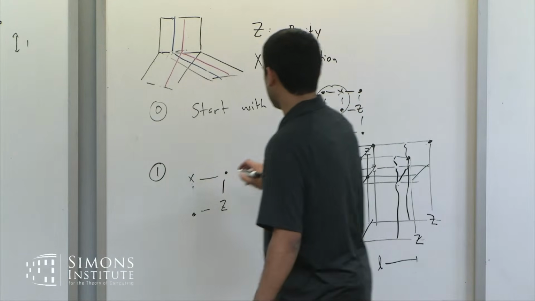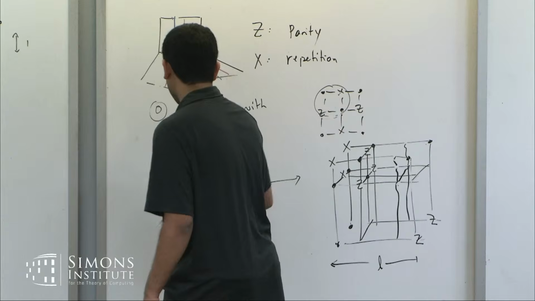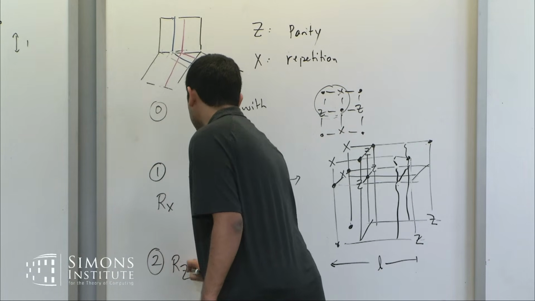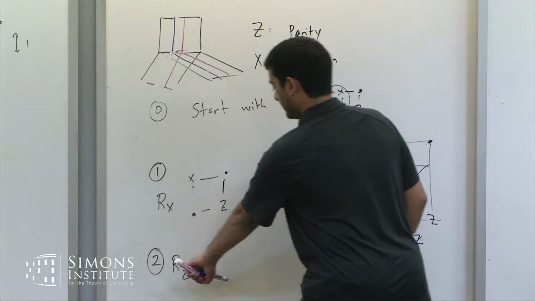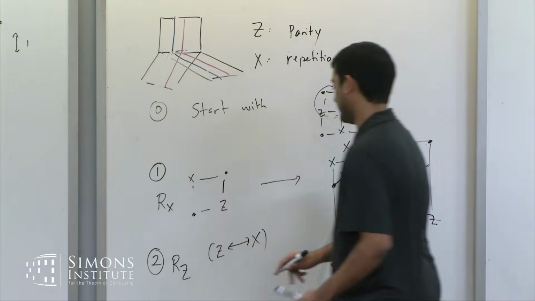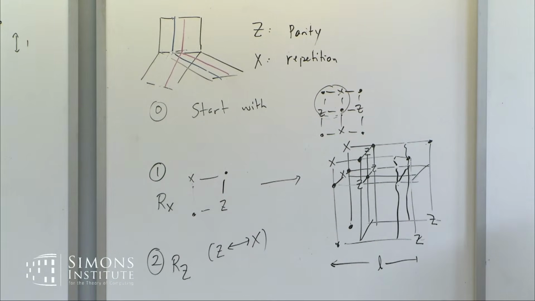I'm going to call this procedure Rx. And during the second step, I'm going to define a similar procedure Rz, where x and z are interchanged, and the opposite happens.